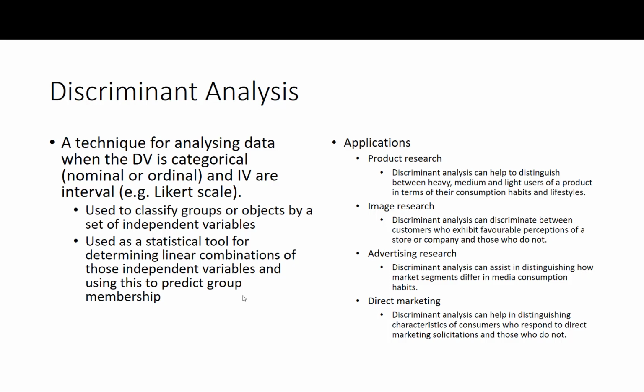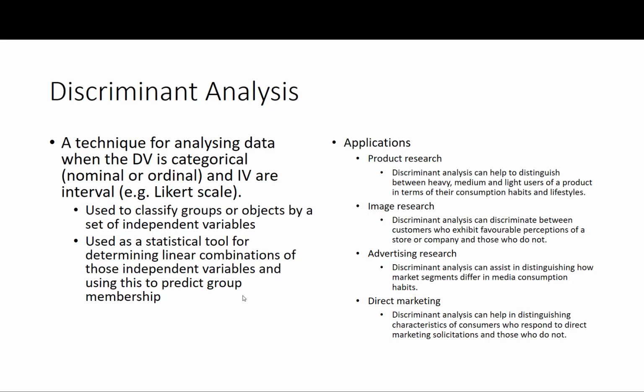Back when I said that we can live without a person's demographics because we can use their other survey results to fill in the blanks, discriminant analysis is one of the measures we can use to fill in those blanks.